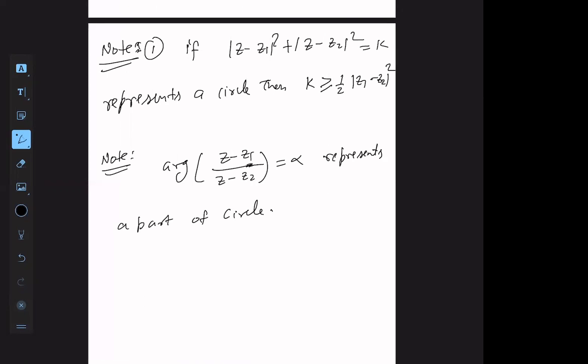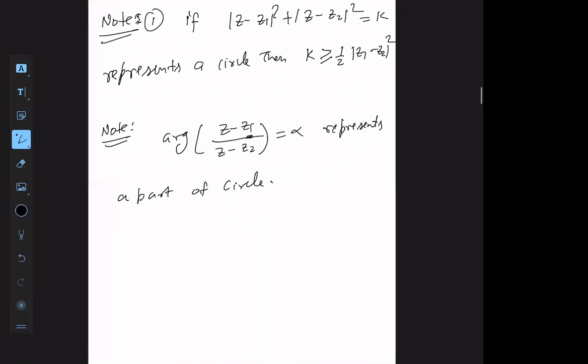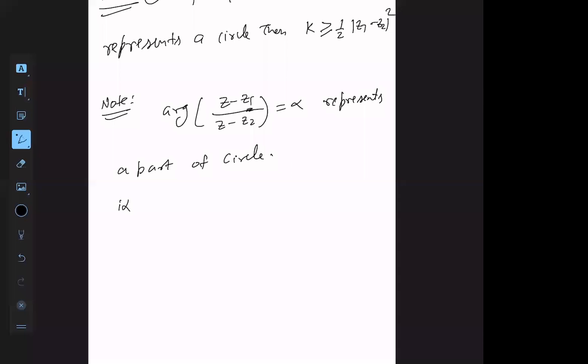Argument of z minus z1 upon z minus z2 is equal to alpha represents a part of circle. If alpha is acute, then z lies on the major segment.